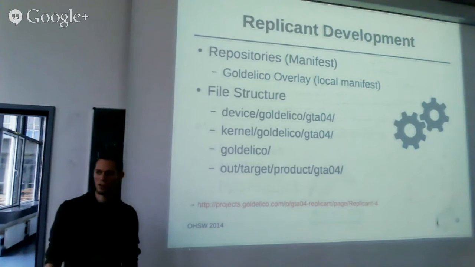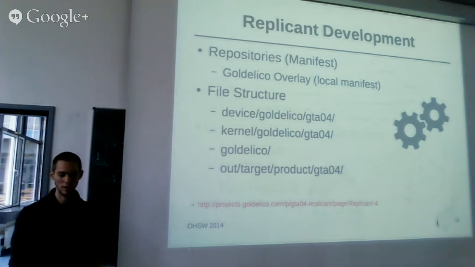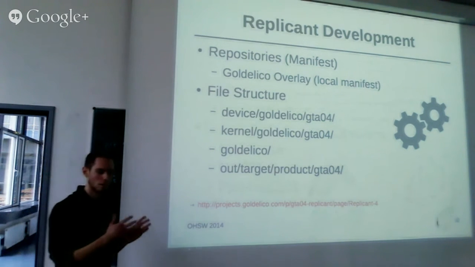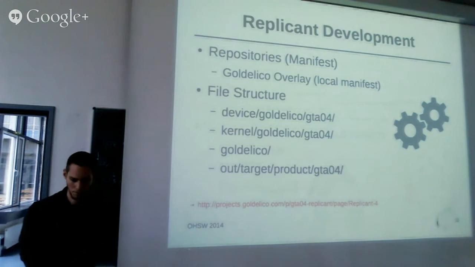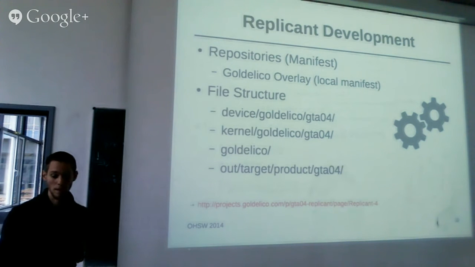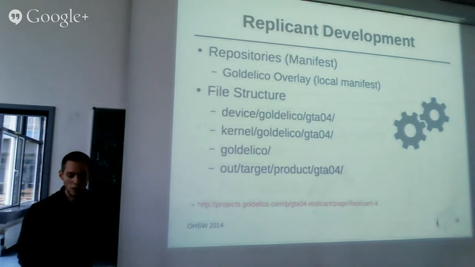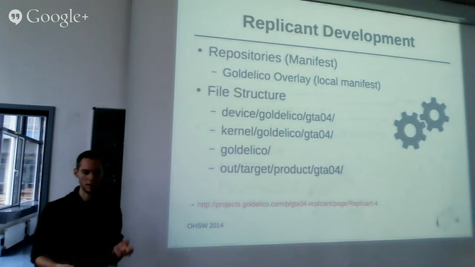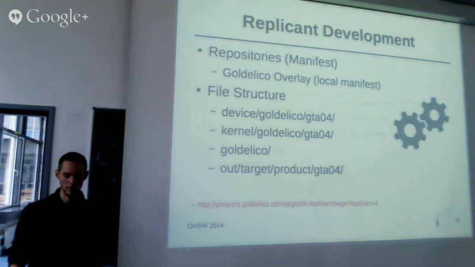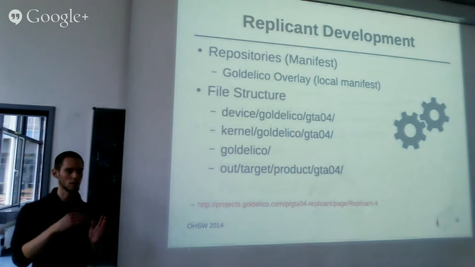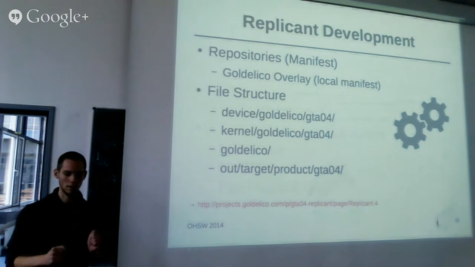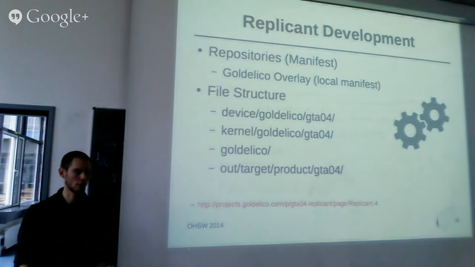Now I'd like to give a short introduction on how to develop for this project, or for Android or Replicant. The Goldelico version of the Replicant toolchain is structured as an XML file, which is called the manifest, and it contains all the repositories which are needed in order to compile a full Android version.